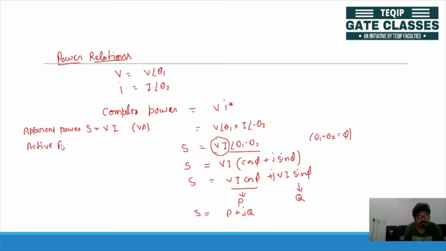So active power, useful power or true power, P, is equal to V I cos phi, and the unit is watt. Reactive power is the component of the apparent power that is not useful but is required.